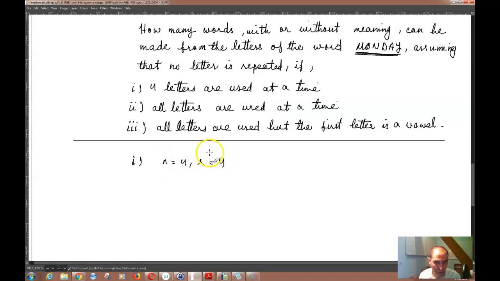I'm assuming that I'm making 4 letter words using the 4 letters. Of course, that doesn't make much sense.